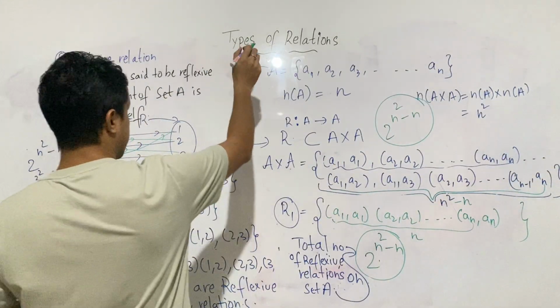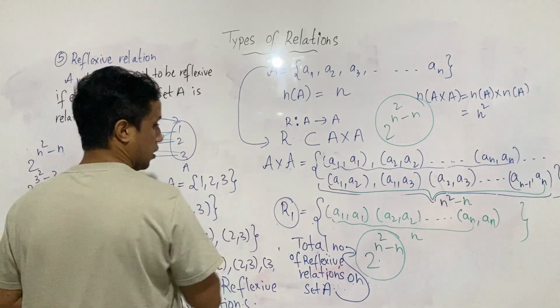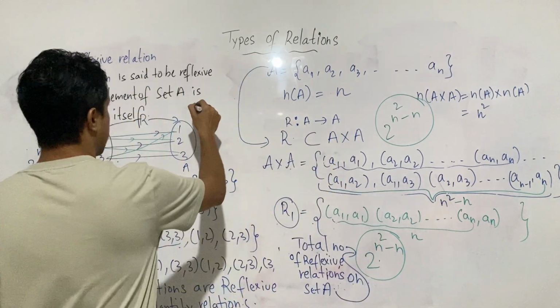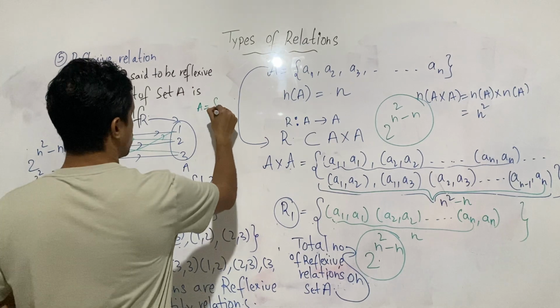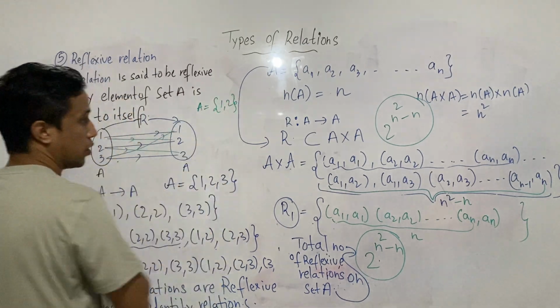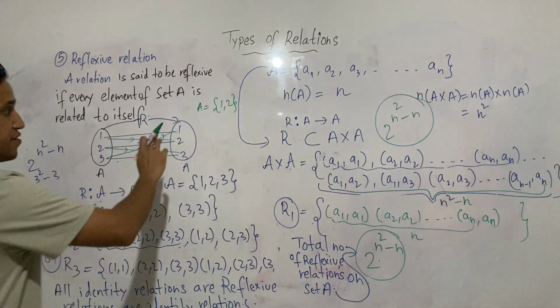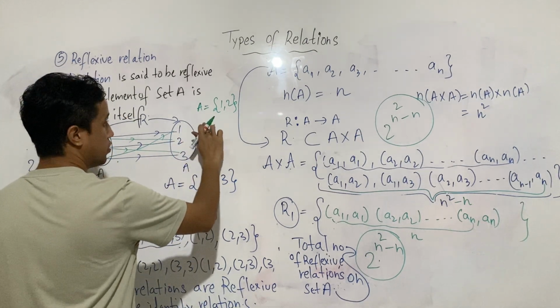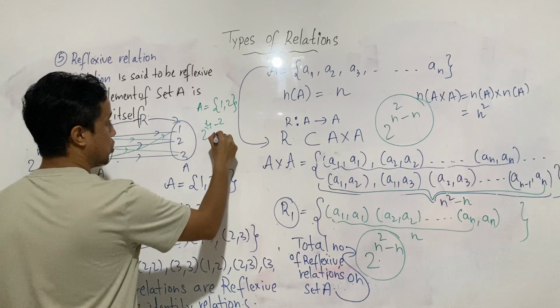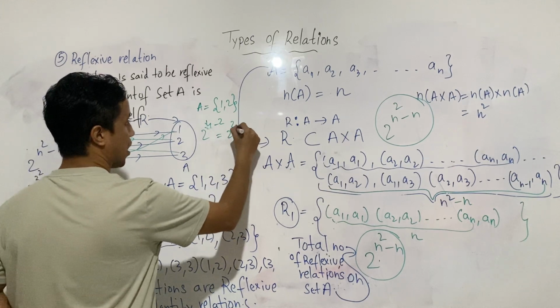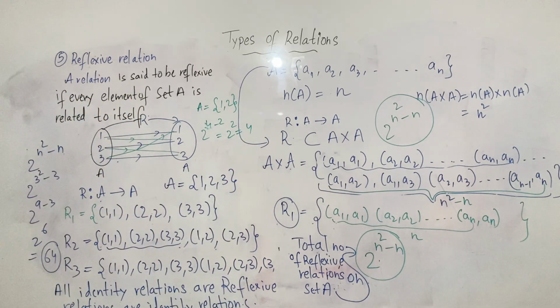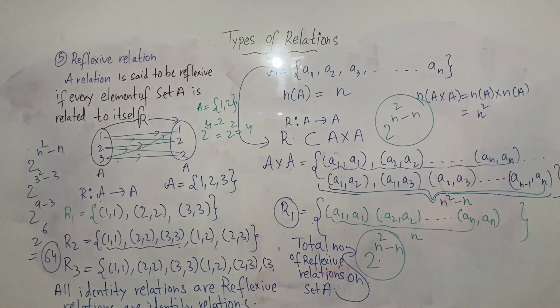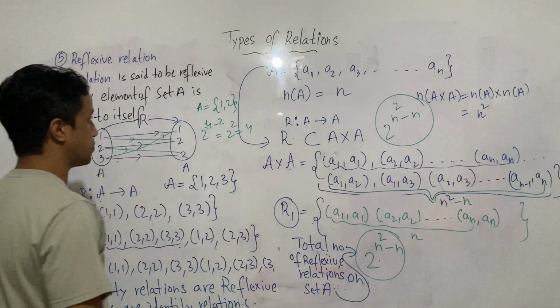Let's say the given set is A, and it has 2 elements, 1, 2. How many reflexive relations are possible? 2 raised to power 4 minus 2, which is 2 raised to power 2, which is 4. And what could those be?